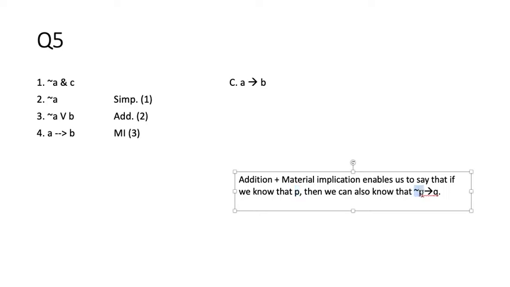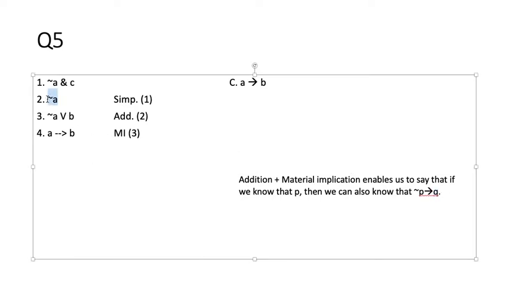If a negation of that sentence is true, then something else, anything else, in fact, is true. Which is what we've done here. We had a negation of A, and that enables us to infer that if A is true, then B.